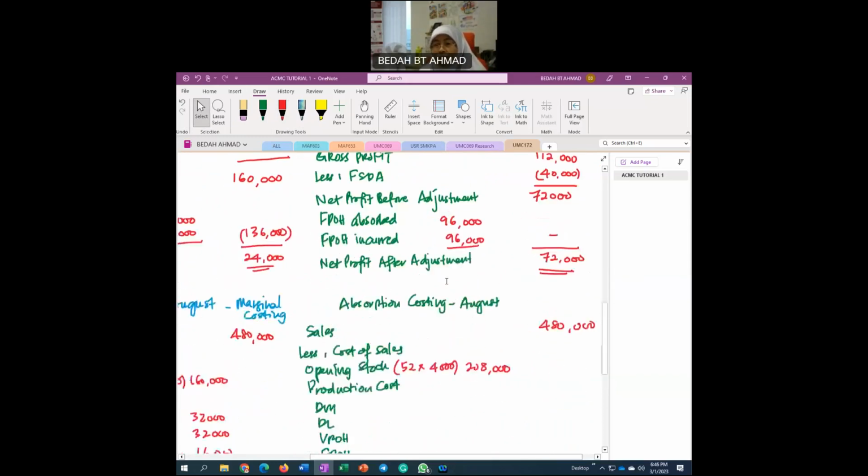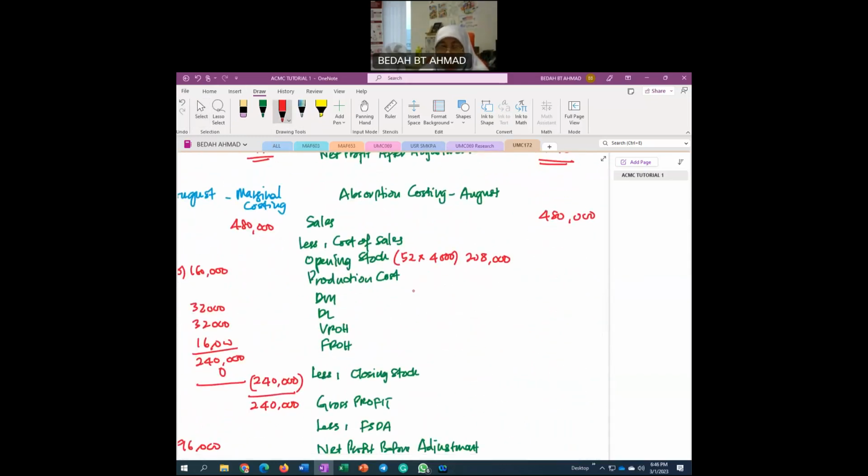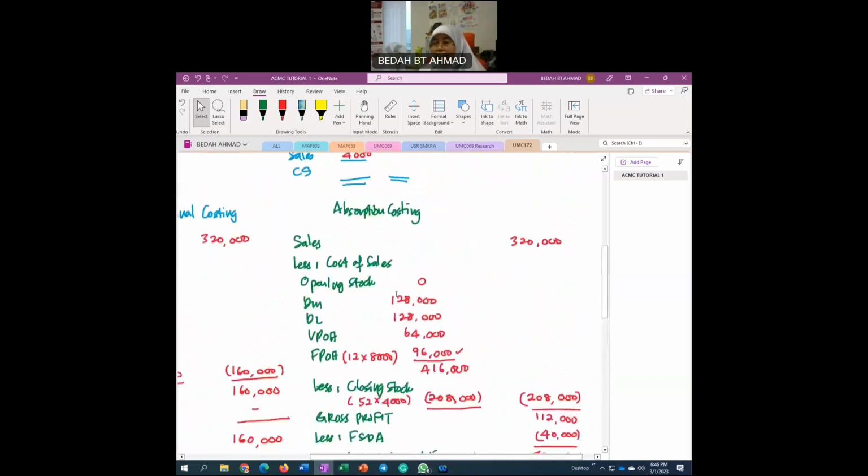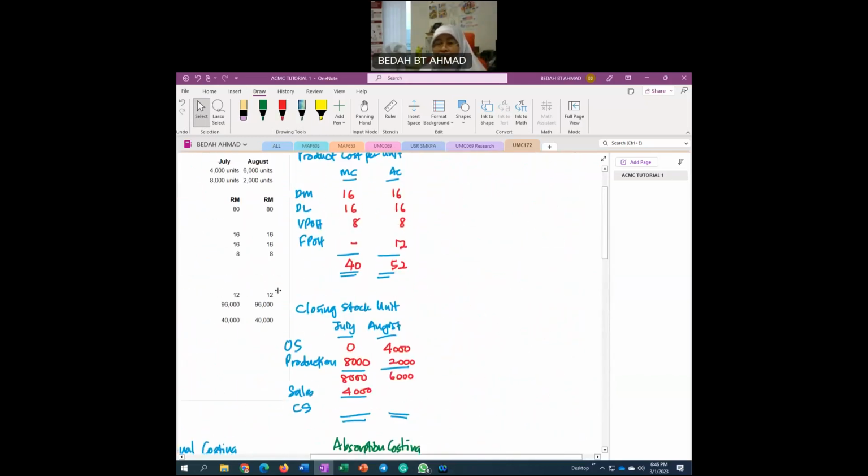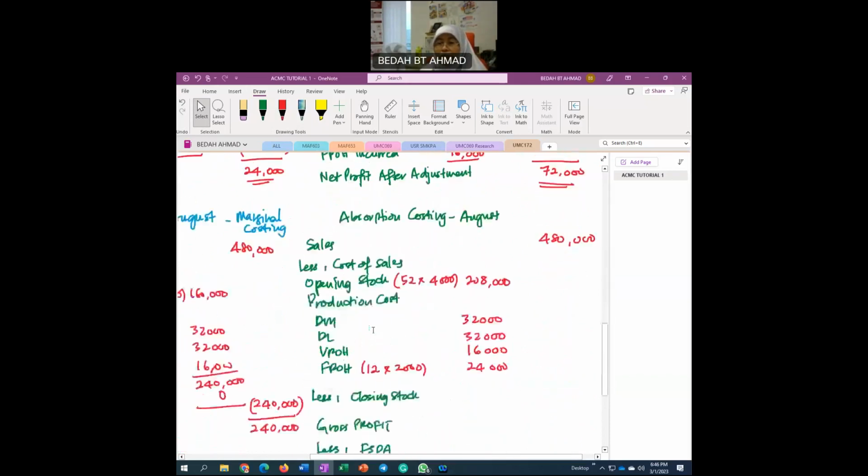So here, 208,000. So less the production cost, direct material. Similarly, we just copy 32,000. So direct labor 32,000, variable production 16,000, and now we have the fixed production overhead, which is 12 ringgit multiplied by 2,000. Okay, so it is 24,000. So where did we get the fixed production overhead? That is from here, 12 ringgit. Okay, in the question also 12 ringgit.